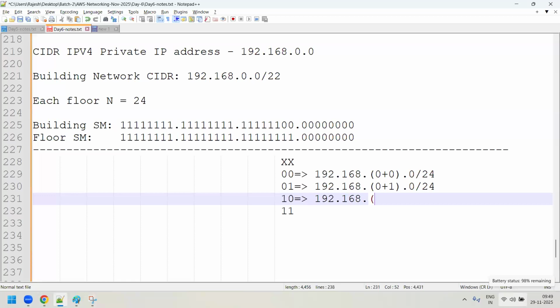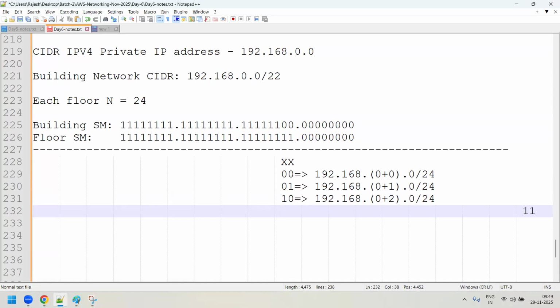What is it actually? 0 plus 2, it is 2, right? 192.168.0 plus 1 is how much? 3, right?